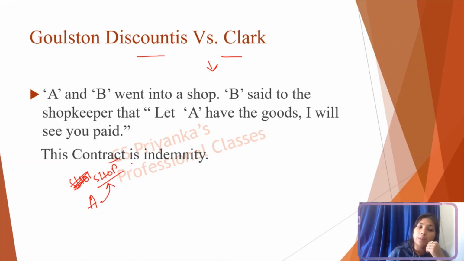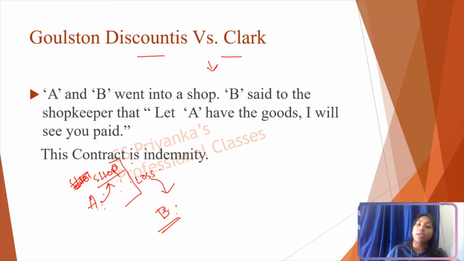Now, up to this point, you will see the shop is facing a loss for the goods taken by A. That loss is going to be compensated by B, because B said to the shopkeeper, let A have your goods, I will pay you. One person is taking the goods, the other person is paying for it.